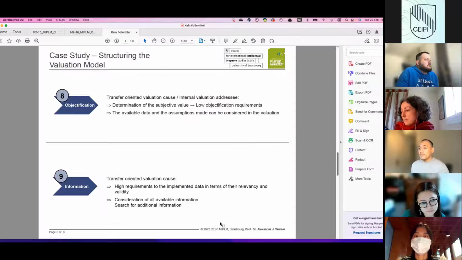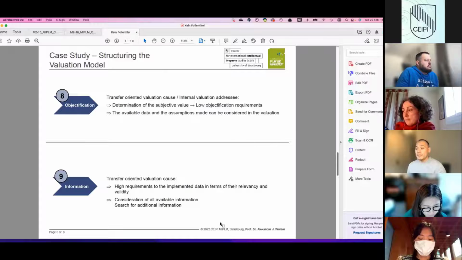Then step number 9 is understanding the information and what reliability and relevance the information has in this analysis. Again, this is a transfer-oriented valuation context. For this scenario, the information requires high requirements for the implemented data in terms of relevancy, validity, and reliability.